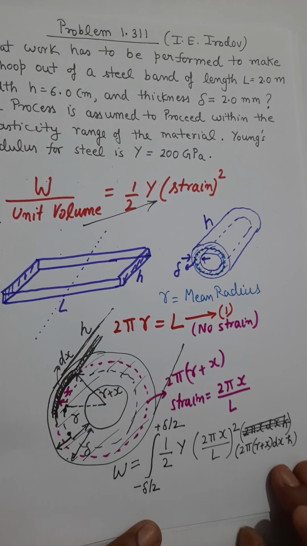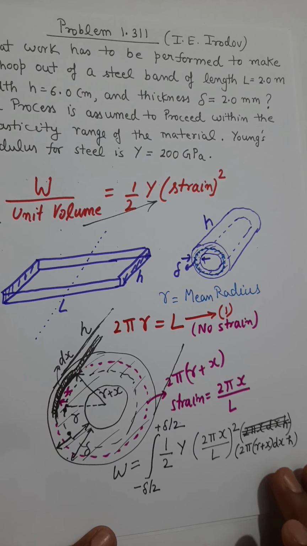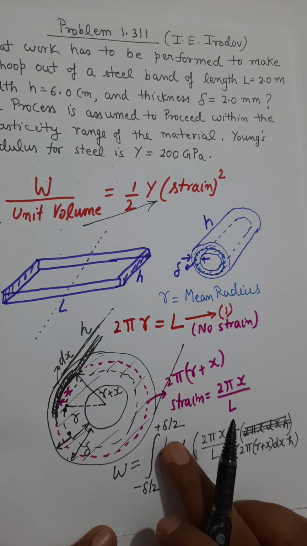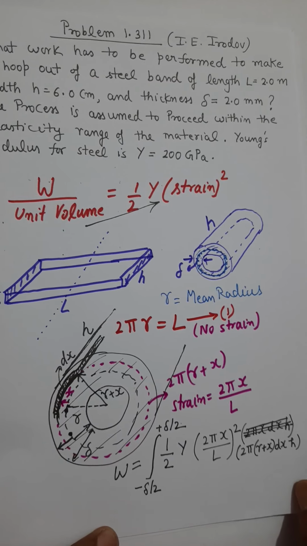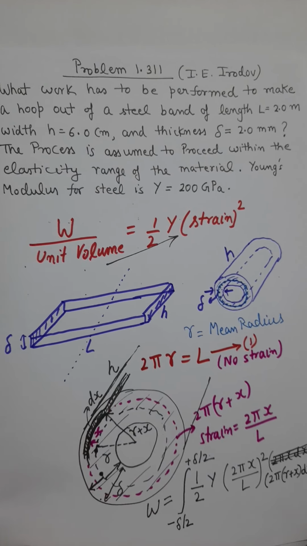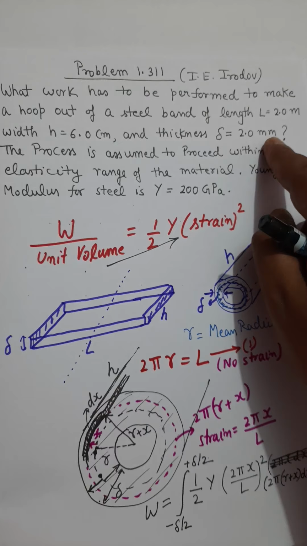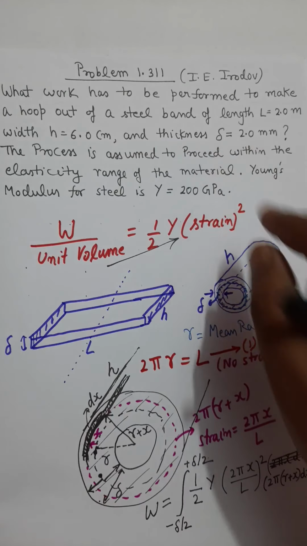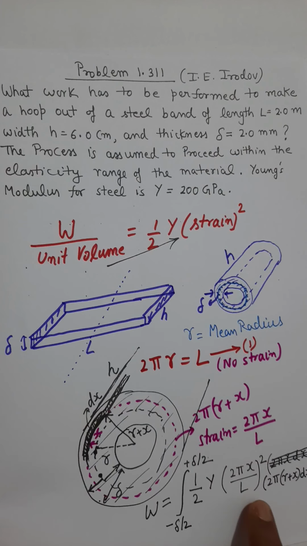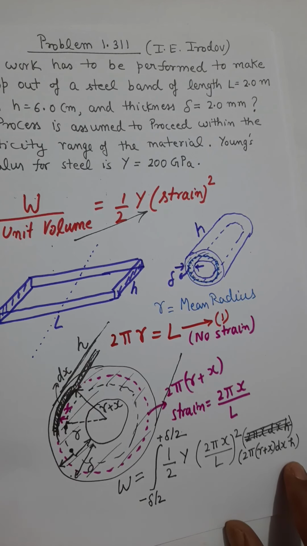Now we will integrate it, and while integrating it you will find a term which is the fourth power of delta. If you look at the data given in this problem, delta is in millimeters, whereas length is in meters and height is in centimeters. So delta is a very small value, and you will neglect the term which is the fourth power of delta.